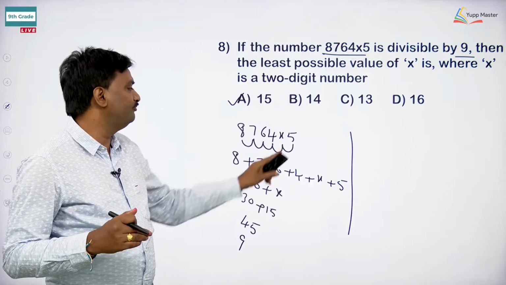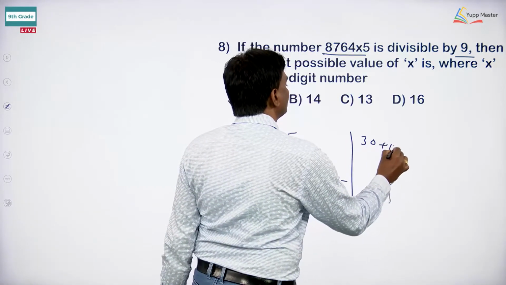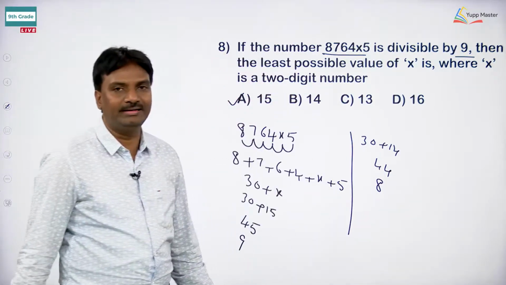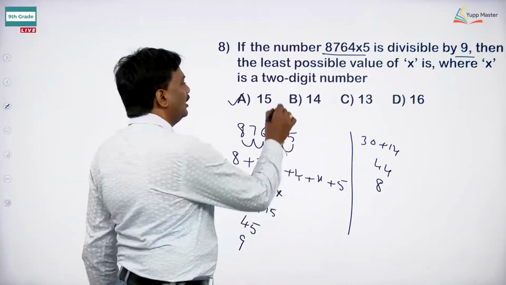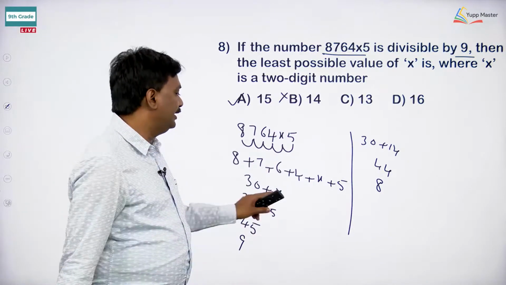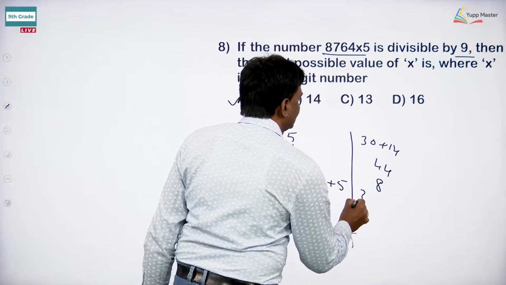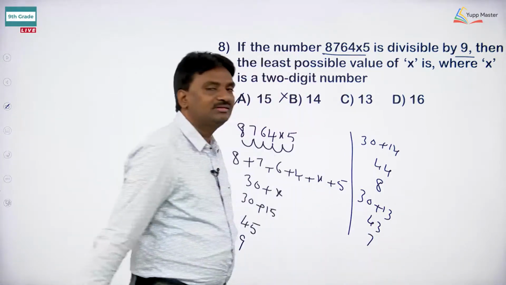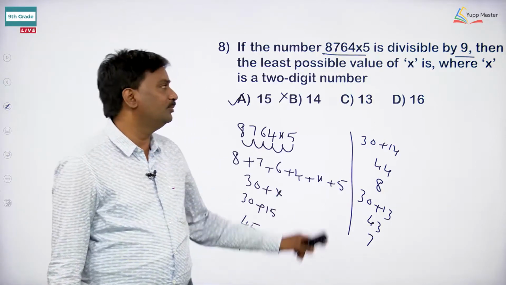In place of x, if we take 14, 30 plus 14 is 44. By adding these 2 digits we got 8, but 8 is not divisible by 9. So option B is not correct. In option C, by writing 13, 30 plus 13 is 43, 4 plus 3 is 7, but 7 is not divisible by 9.